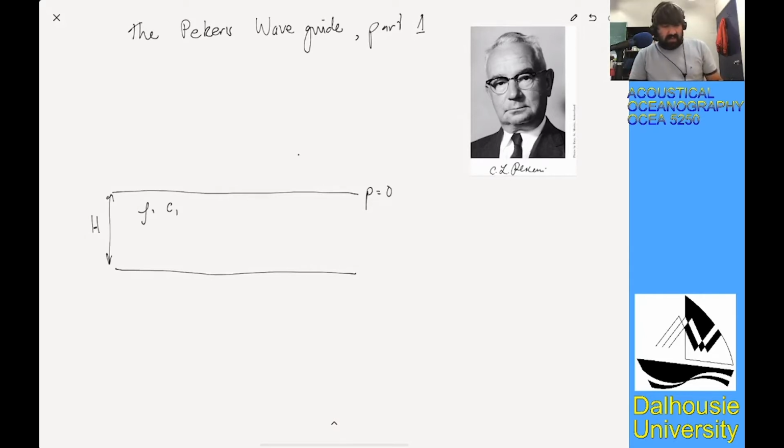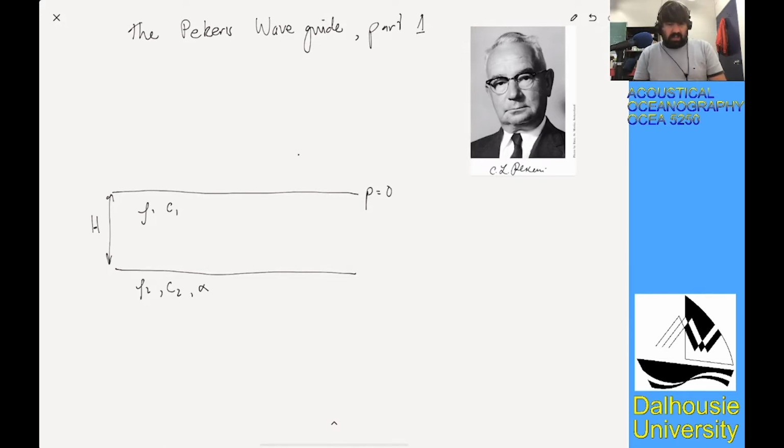Now, instead of making the bottom pressure release, we're going to put some density down there, rho 2, c2, and we'll put some attenuation as well, because the attenuation is very low in the water column, but in sediments and in rock there's lots of attenuation.